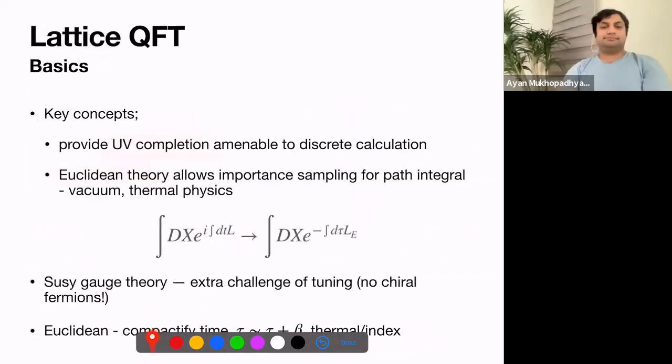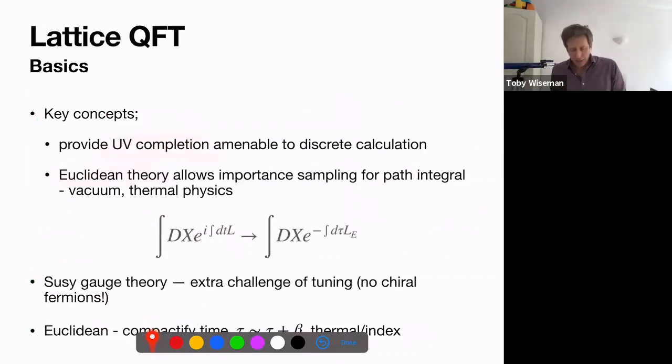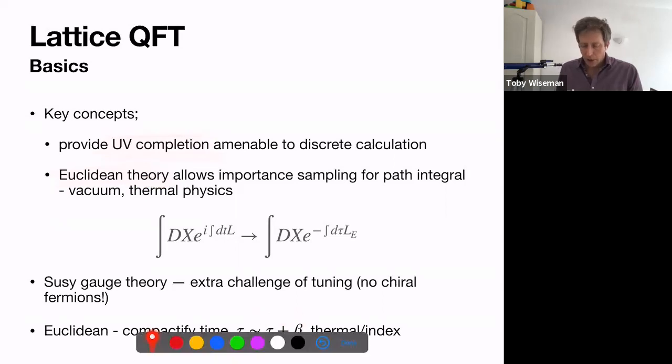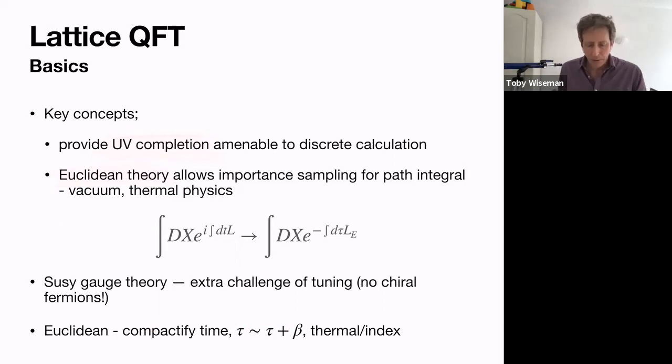So a few words then about the lattice. Because we're interested in finite temperature, the lattice is very effective. Obviously we can think of finite temperature by thinking about Euclidean field theory, where we just make time periodic with period beta, the inverse temperature.